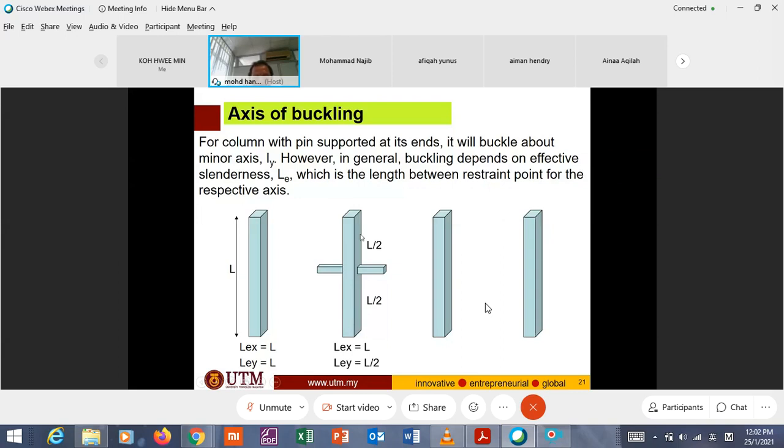Which means the effective length now is half of L about the minor axis. But what about this axis? In this axis, it is still free to buckle because there is no restraint. Therefore, LEX equals 1.0 L.